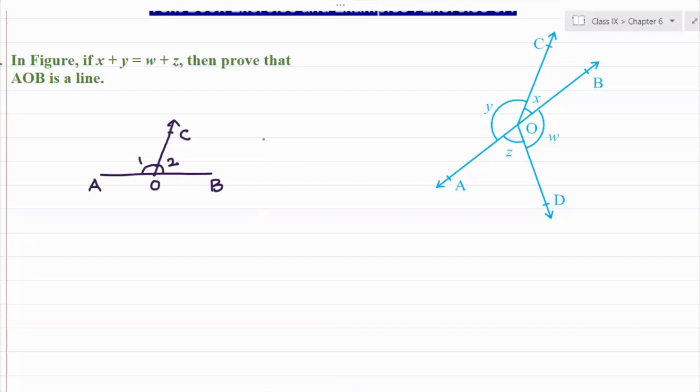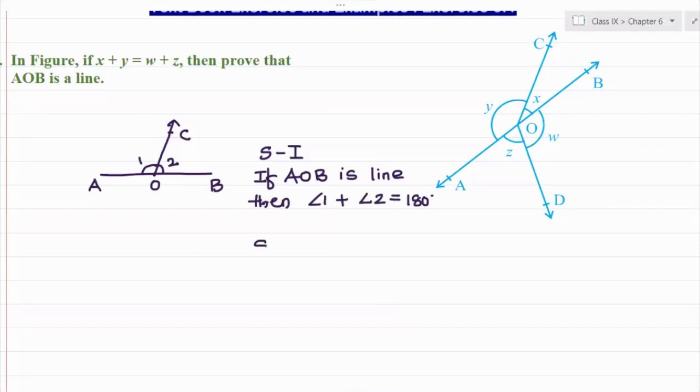Okay, I will write down the statements. We can rub them afterwards. So see, statement number 1 is: if AOB is a line, for example if it is given to us, meaning the non-common arms OA and OB form a line, then the sum of angle 1 plus angle 2 is equal to 180 degrees.